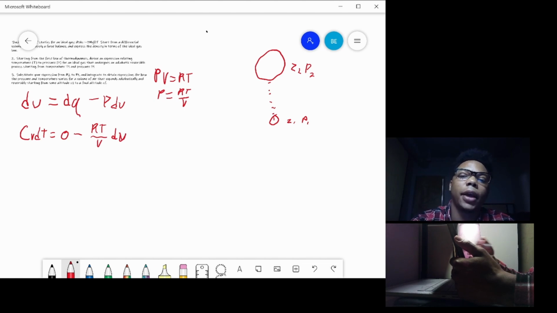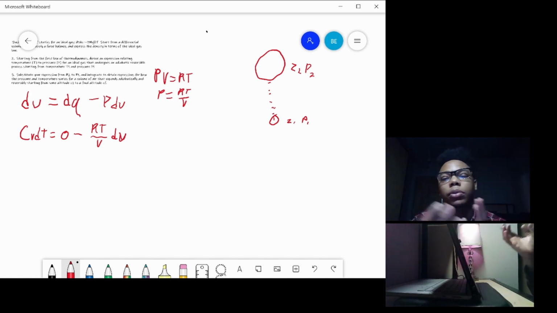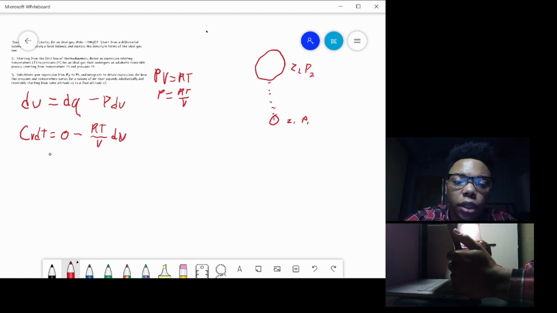They're going to match our differential. So what we're going to do next is try to solve this. We're going to mix and match both sides so that we have dT over T.